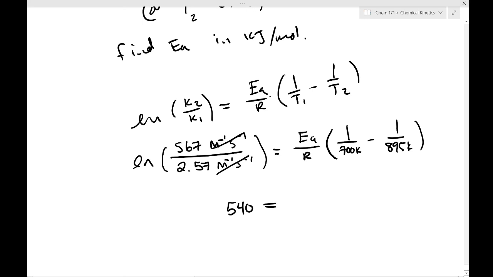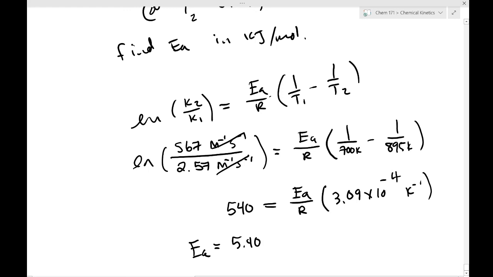And that is equal to EA over R times, if you compute out this value here, you get 3.09 times 10 to the minus 4 Kelvin inverse.